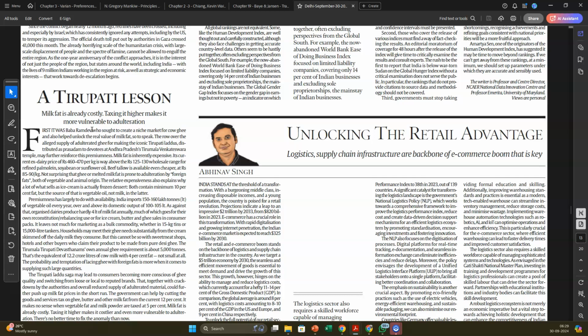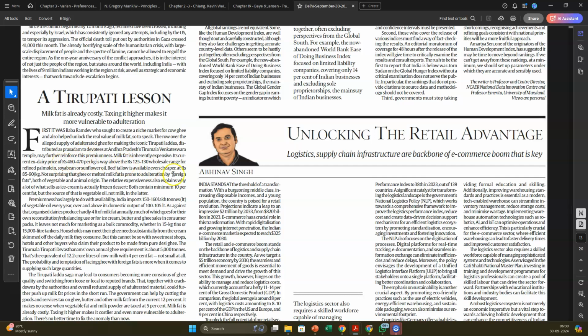Now, why this issue has taken a national discourse is because we have found out that even the Tirupati Mandir laddus were also adulterated.